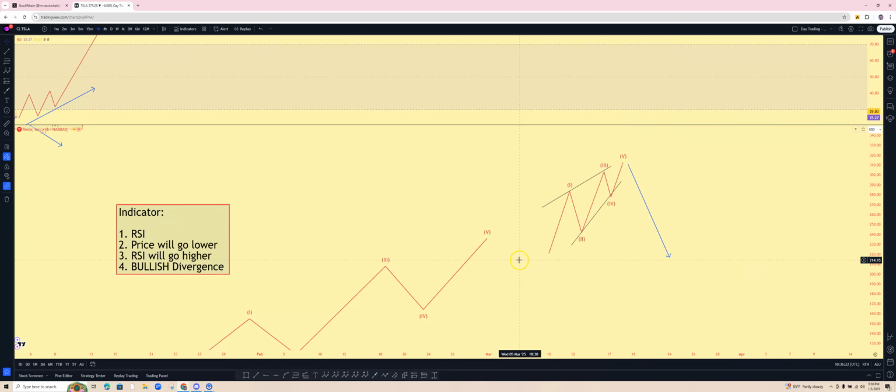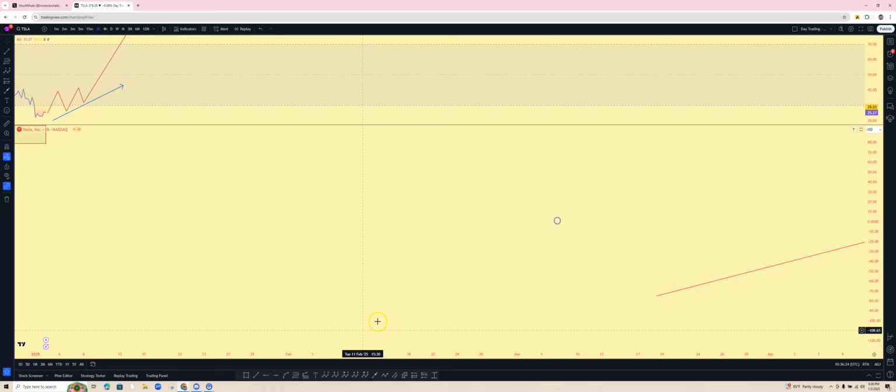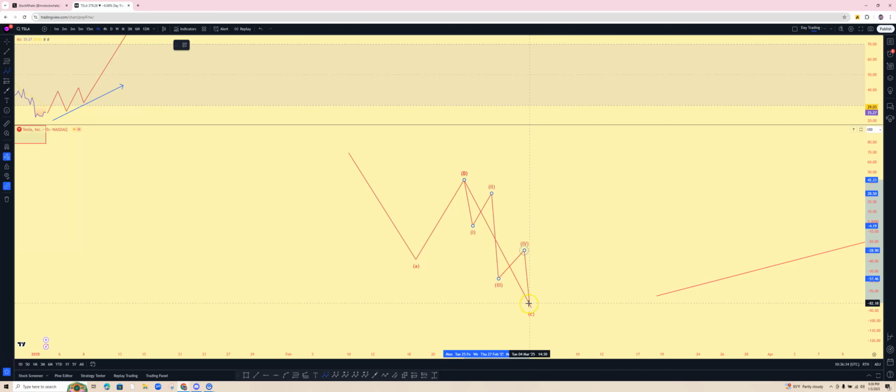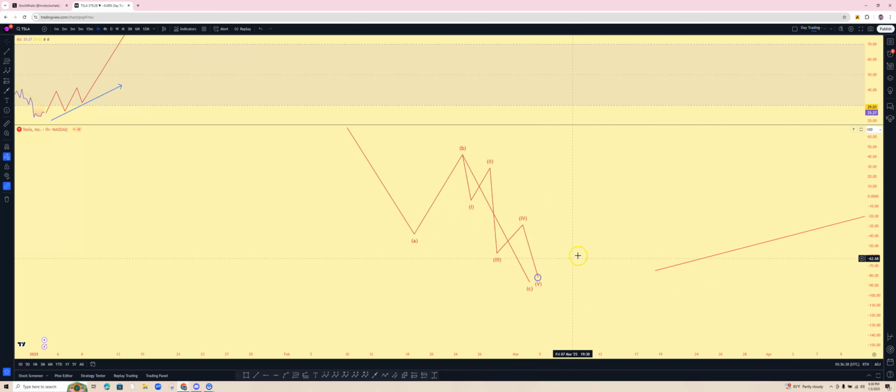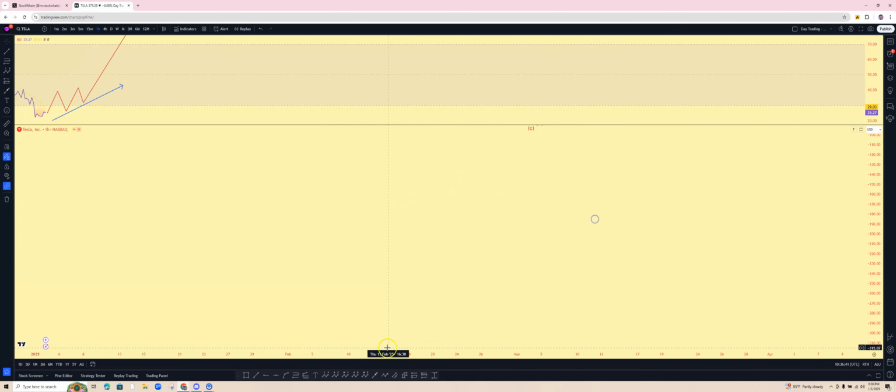That's the top of wave 5, just like at the bottom of an ABC, at the bottom of a C wave, this 1, 2, 3, 4, 5. At that 5th wave, guys, you'll see a rising wedge.